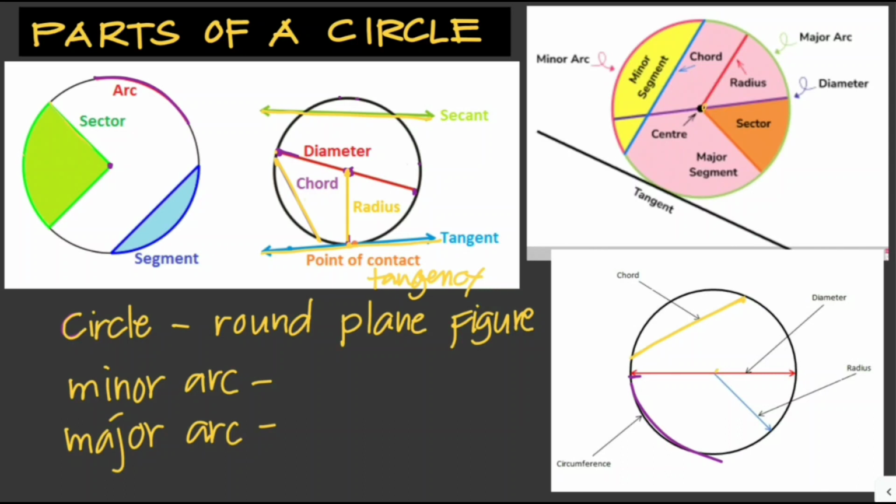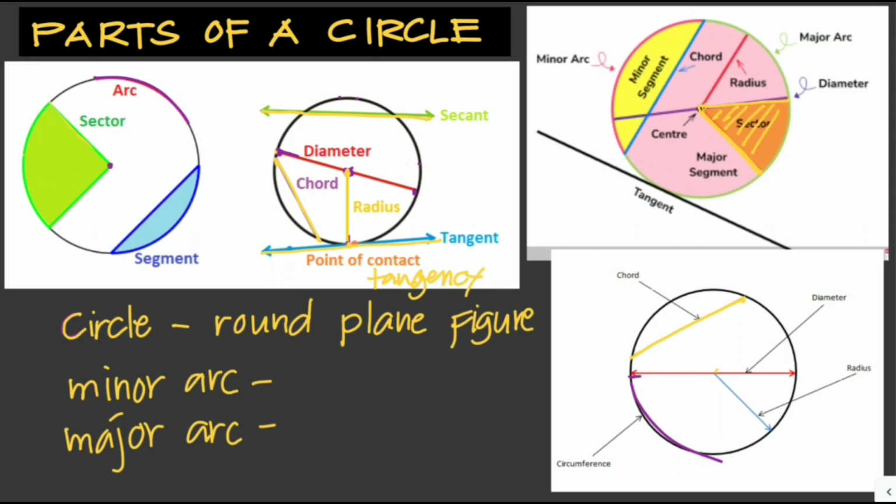And then we have the sector. The sector of the circle is a section of the circle created by two radii. So your radius here, one radius and another radius, they form this section here, and we call it the sector of a circle.